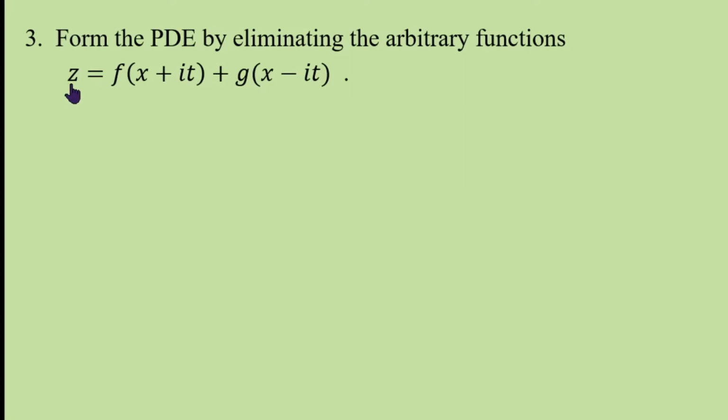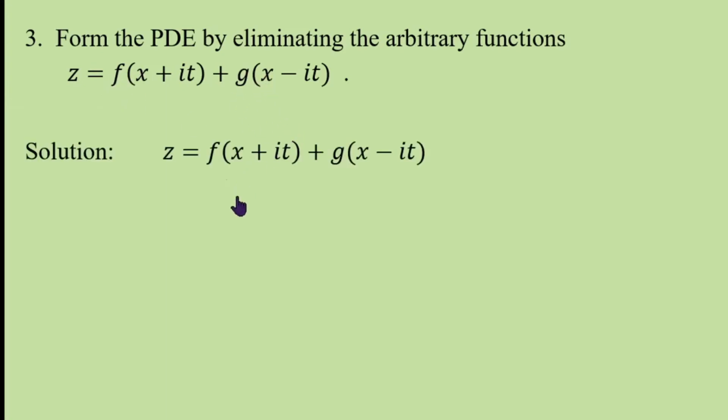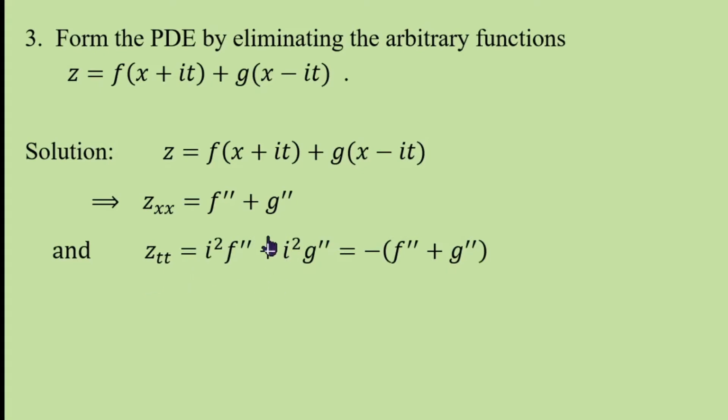Now, differentiate z partially with respect to x twice. Then zxx, ∂²z/∂x², becomes 1 into f double dash plus 1 into g double dash. Similarly, differentiate z partially with respect to t twice, that is ztt. Ztt is i into i squared f double dash plus minus i into minus i, that is also i squared, g double dash.